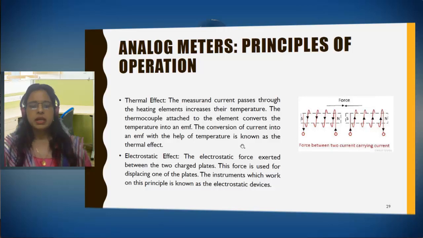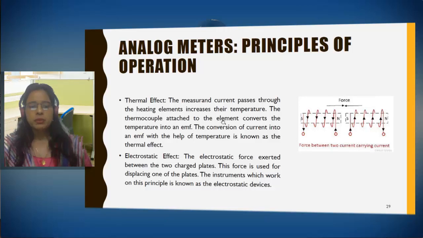The measured current passes through the heating elements and increases their temperature. We know that when current passes through a conductor, the conductor gets heated up. Whatever current quantity we are measuring passes through the heating element and increases its temperature.